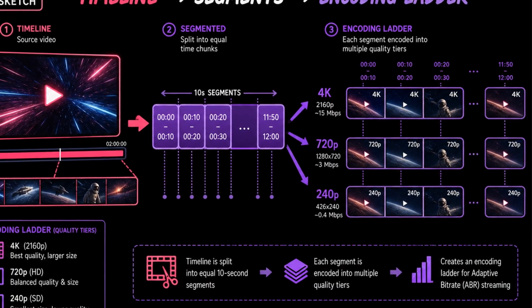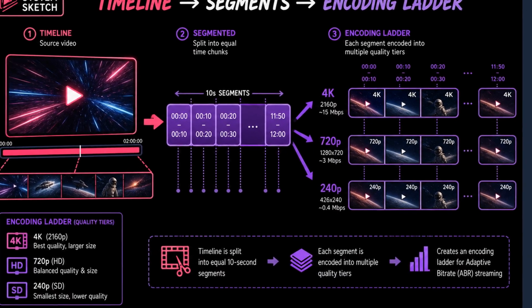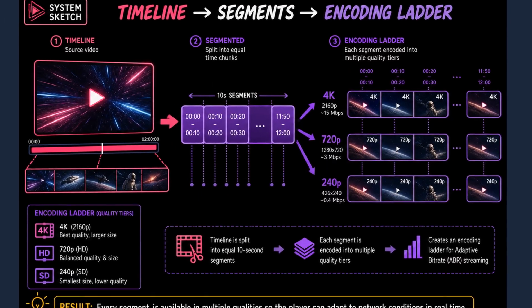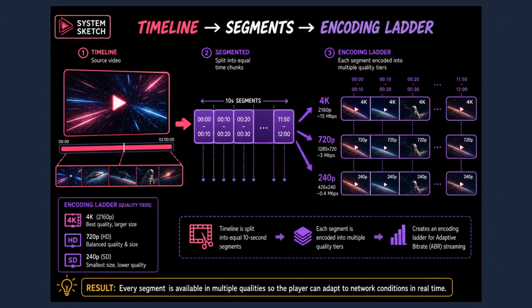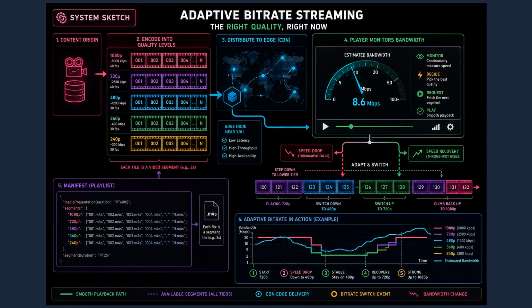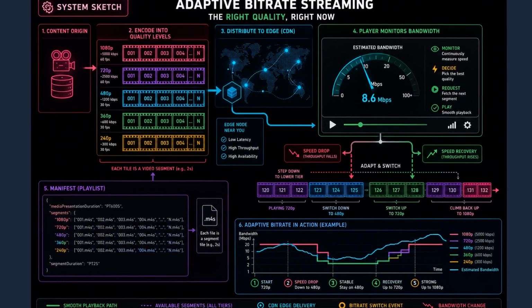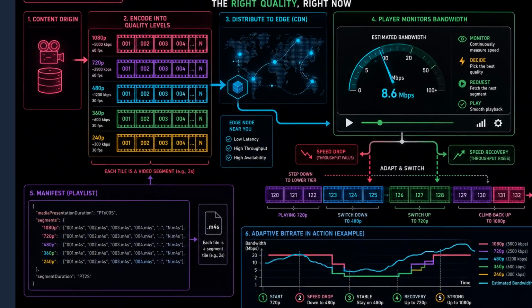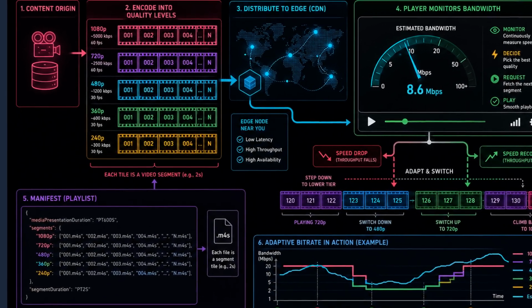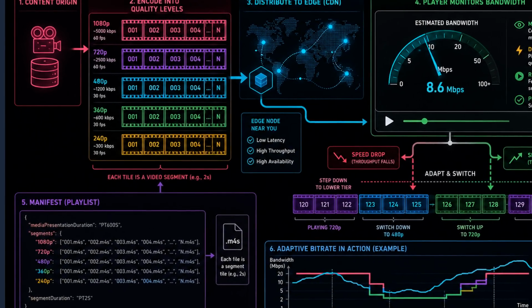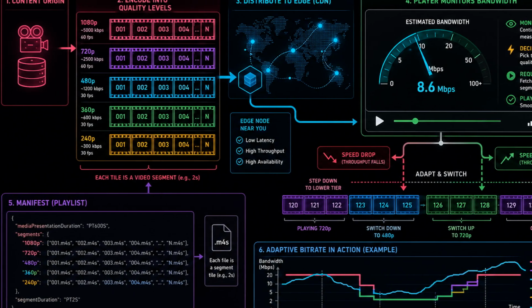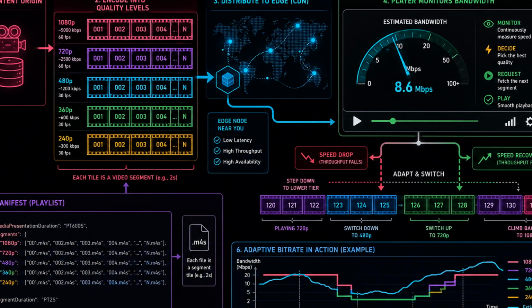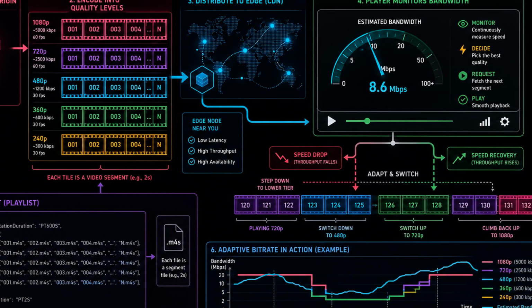All versions are aligned to the same timestamps, so a player can switch quality midstream without a visual jump or a gap. Your player monitors download speed and buffer health every few seconds. If your connection slows, it silently switches to requesting lower bitrate segments. If speed improves, it steps quality back up. This is adaptive bitrate streaming.